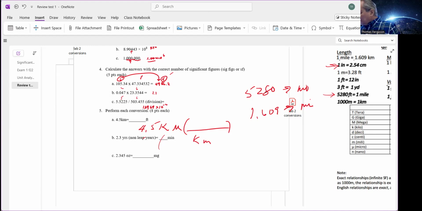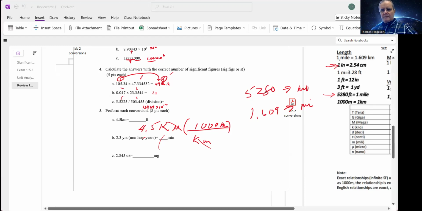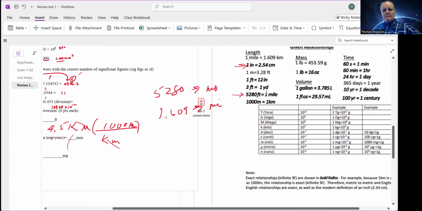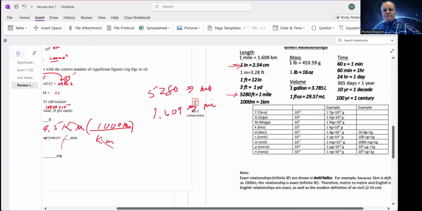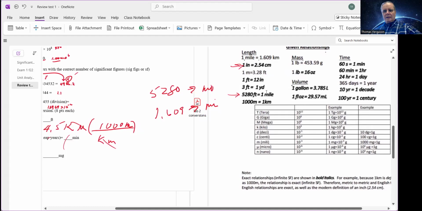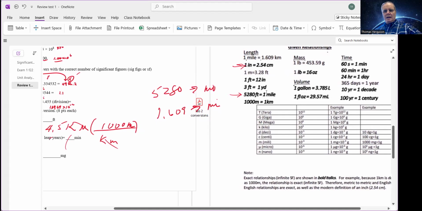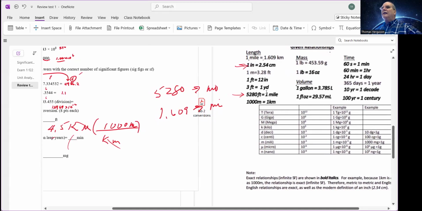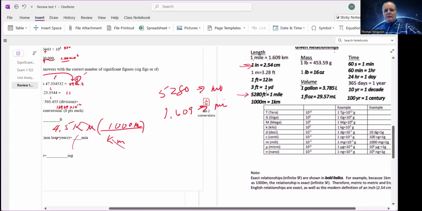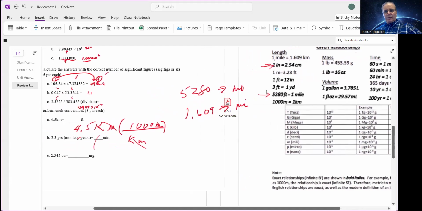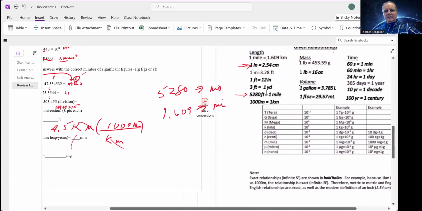Now we need to go from meters to feet. We need to get into miles though first.